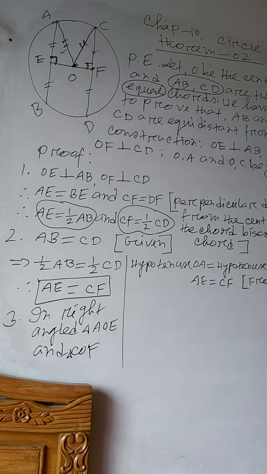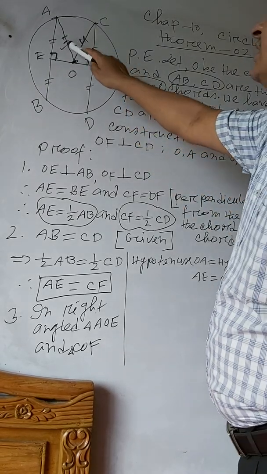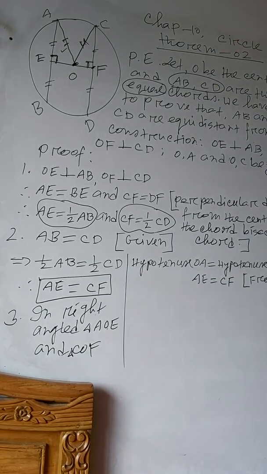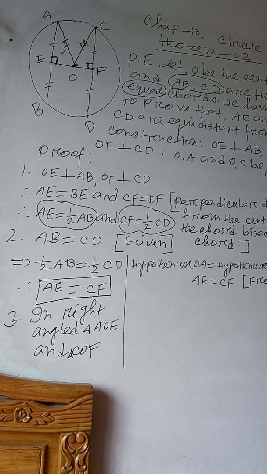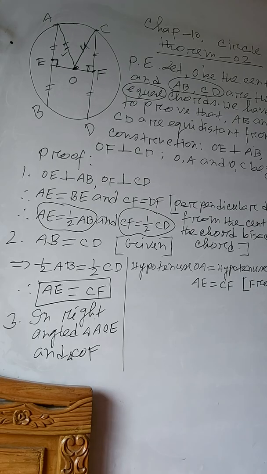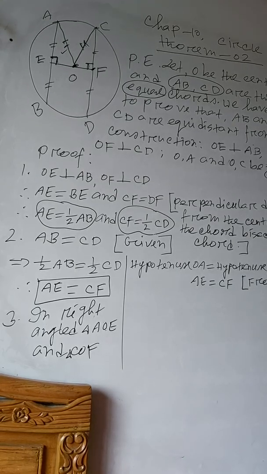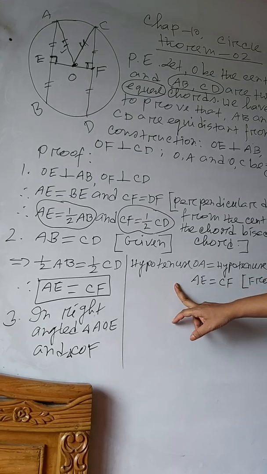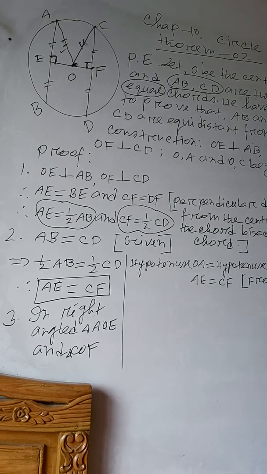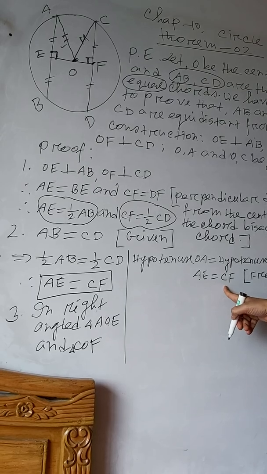In right angle triangle, if hypotenuse and one side are equal, then it will be congruent. In this case, hypotenuse OA equal to hypotenuse OC. Also, we have AE equal to CF.